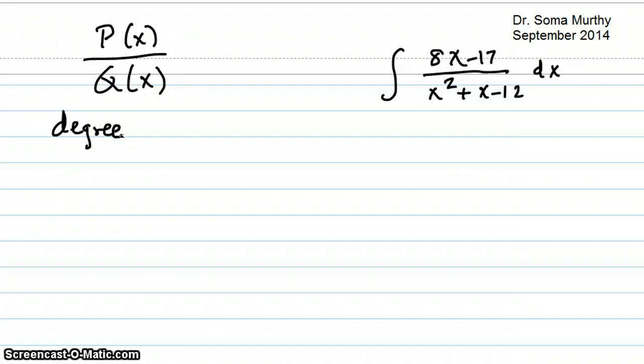In this case, the top polynomial function has some degree and the bottom polynomial function has a different degree. Both of them could be the same, or the degree of the top polynomial may be higher than the degree of the bottom polynomial, or in the third case, the degree of the bottom polynomial may be higher than the degree of the top polynomial.